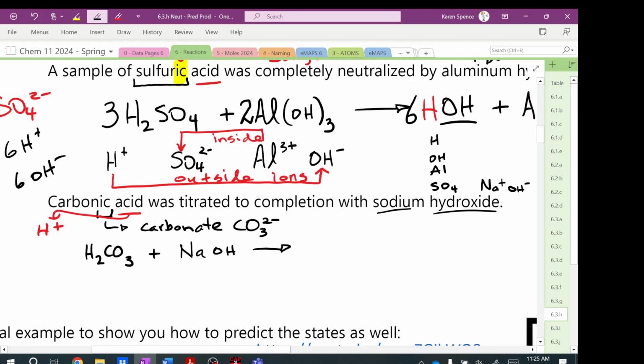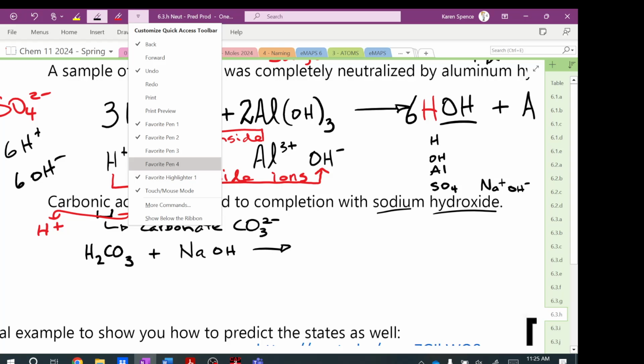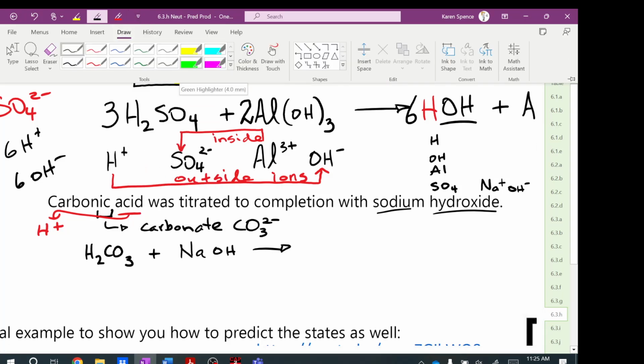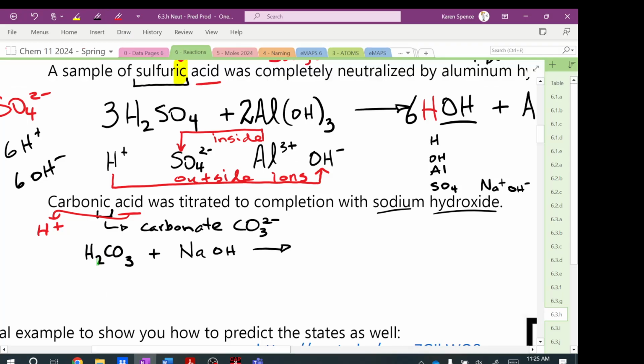What do you see that allows you to know it from the formulas? You see hydrogen and you see hydroxide. That tells you that it is neutralization. Okay, that hydrogen and that hydroxide tell you that it is neutralization.